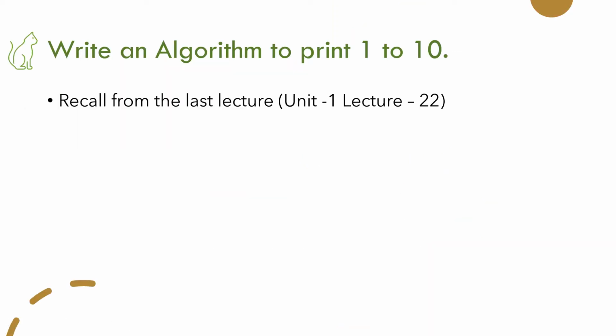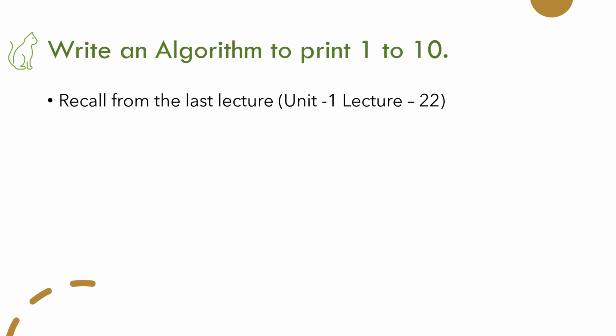Before solving the first problem, that is, write an algorithm to print 1 to 10, we need to recall from the last lecture, Unit 1 lecture 22, the concept of the while loop. I hope you remember the syntax of writing a while loop, but if you don't, go to that video and watch it, then come back here.